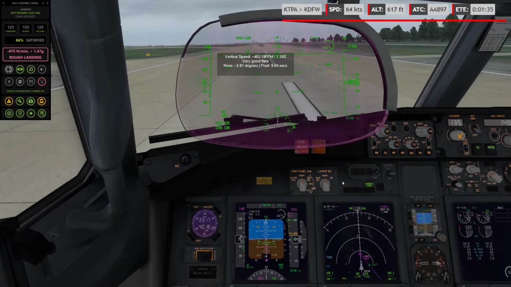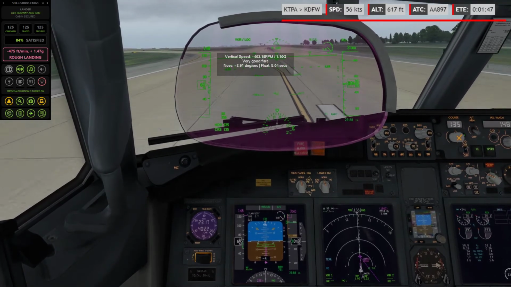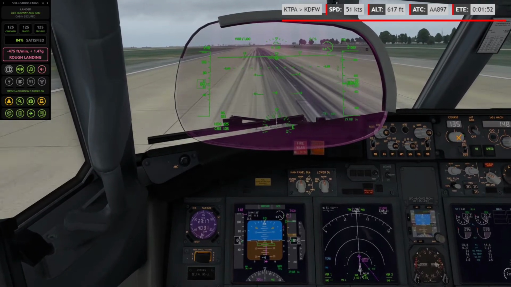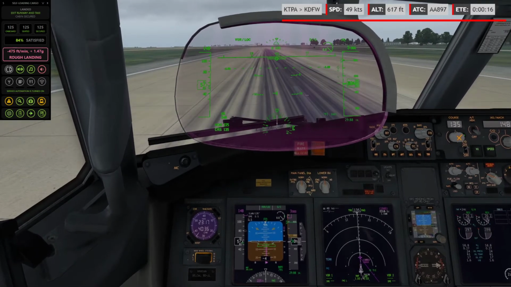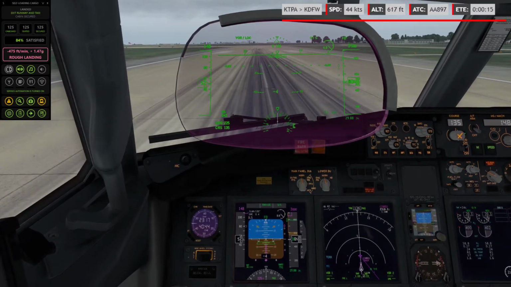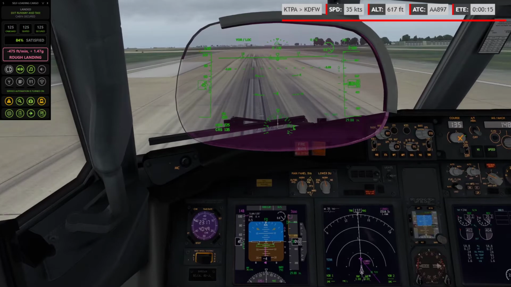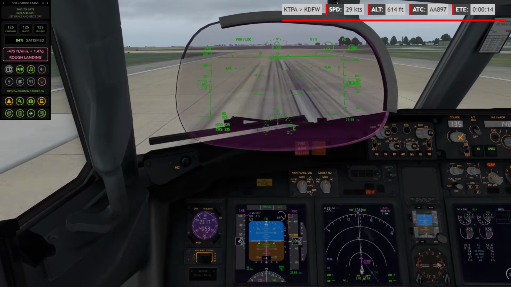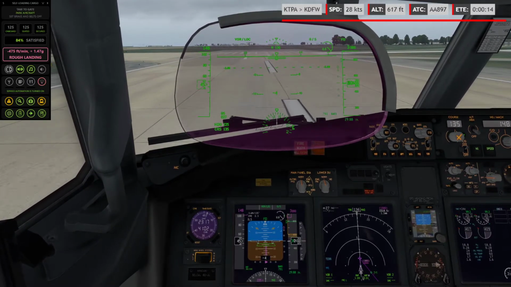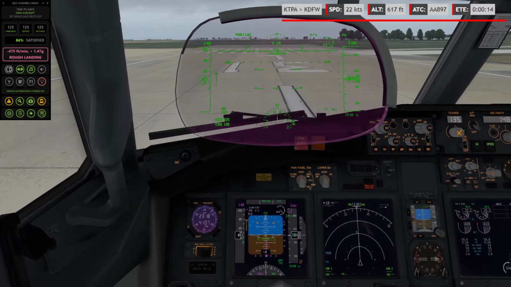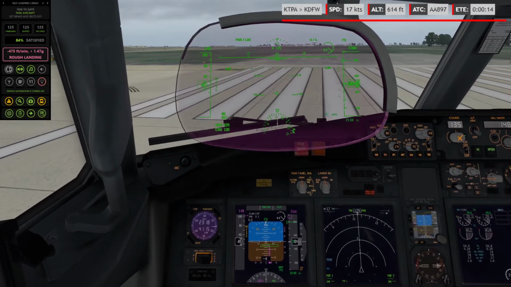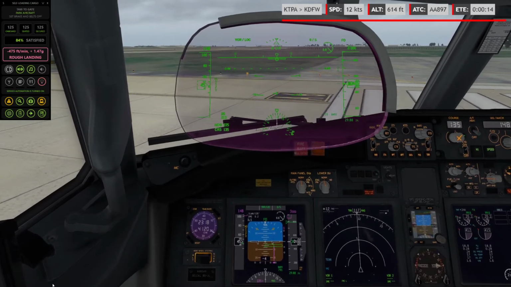Knots. 3,000 feet remaining. Two thousand remaining. 100 remaining.